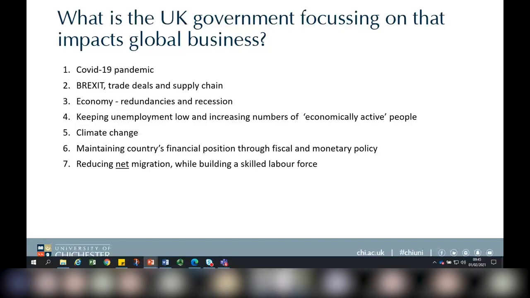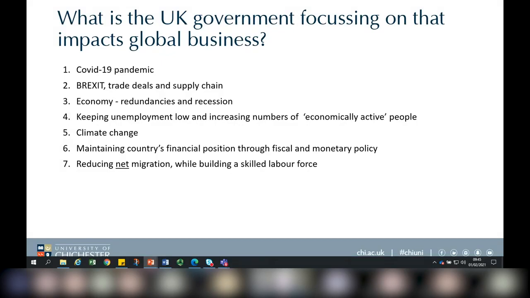However, skilled migrant workers are needed by the UK economy because we don't have a skilled labour force in certain sectors. So NHS, for example, we didn't have enough skilled doctors or nurses before the COVID-19 pandemic. Another area is agriculture.